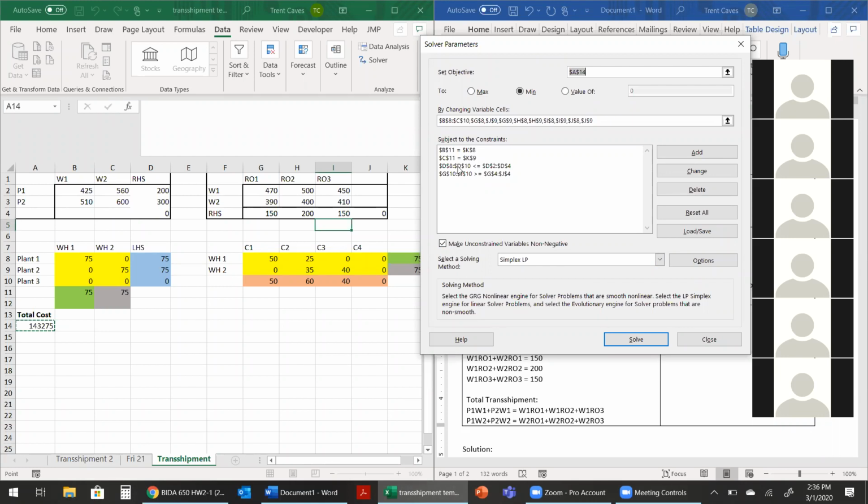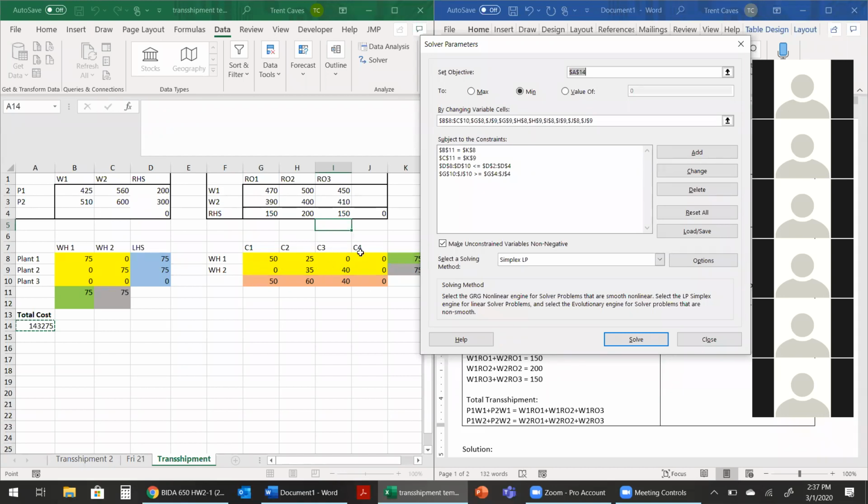Then our next constraint, D8 to D10, is referring to the total amount that is produced at our plants, and G10 to J10 is our demand constraints.